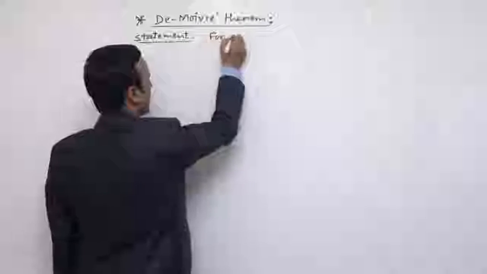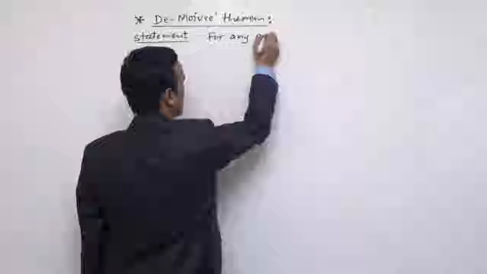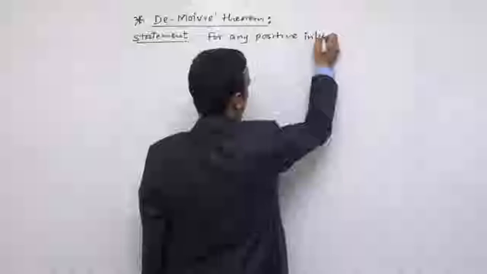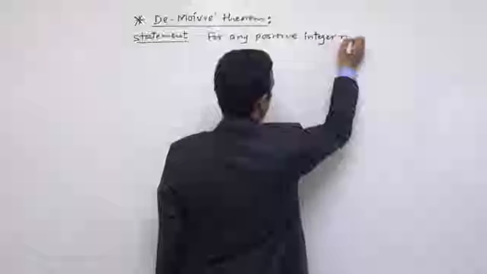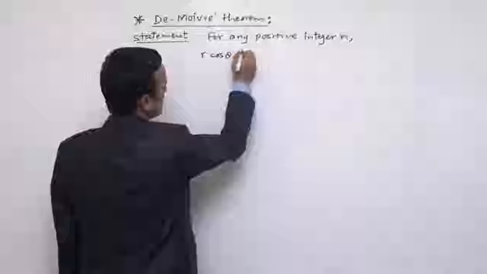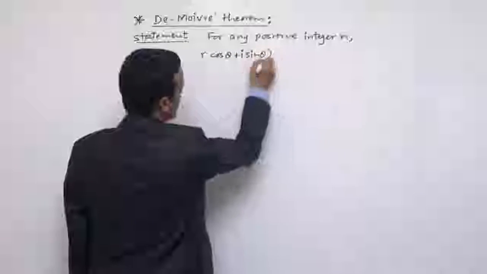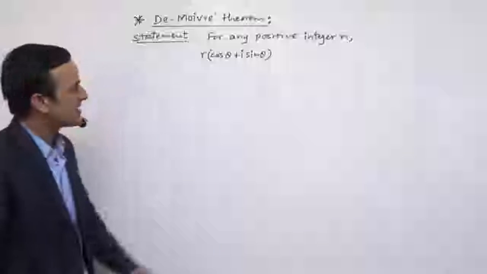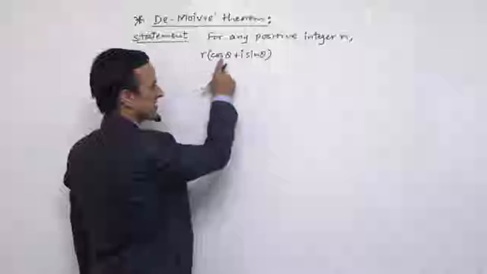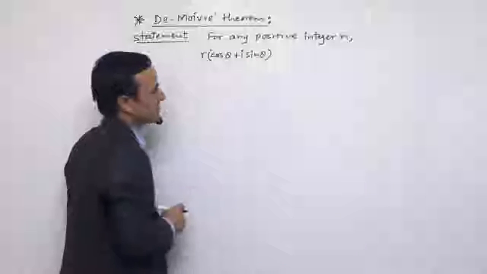For any positive integer n, we have r times cos theta plus I sin theta, which is also known as polar form. This is polar form, r times cos theta plus I sin theta.